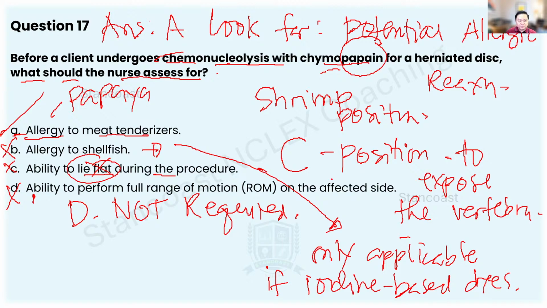Shellfish is eliminated because it's not going to involve the administration of an iodine-based contrast agent. We're not using an iodine-based substance, but we are using an enzyme that is known to lyse that diseased vertebral disc. Never heard of it. Something to learn today, right?